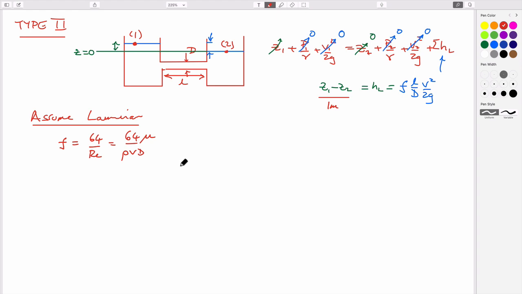And so we could substitute that into this expression where head loss is equal to 64 over rho v d over mu times length over diameter times v squared over 2g.